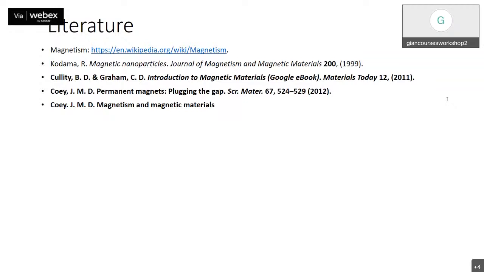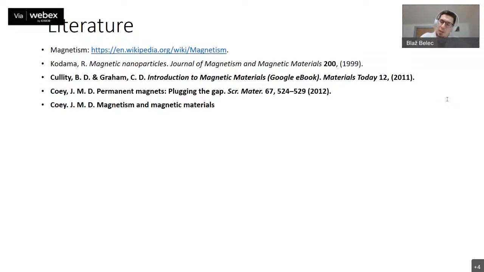It's the same answer as before. Superparamagnetism always acts when we have small particles, so nanoparticles, single-domain particles. For instance, for iron oxide it is around 10 nanometers, barium hexaferrite around 50 nanometers.